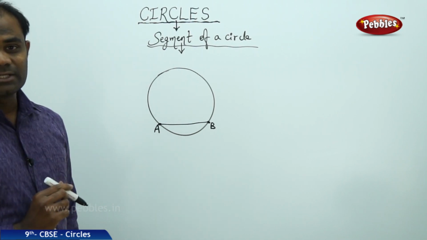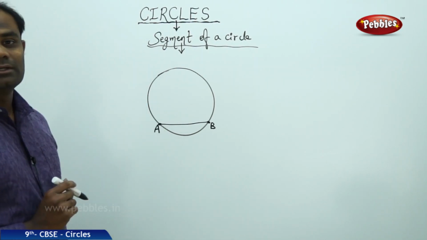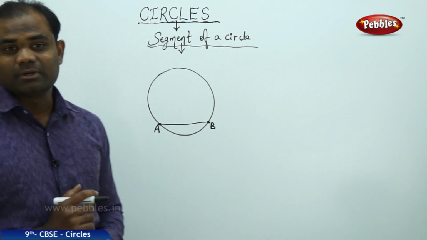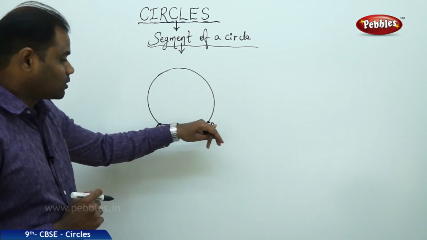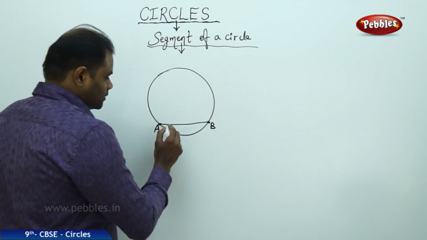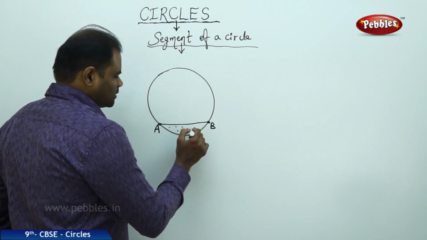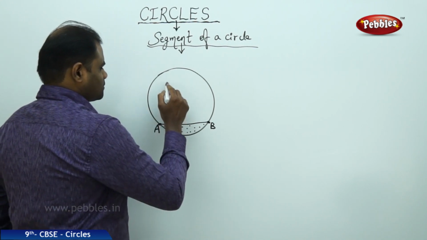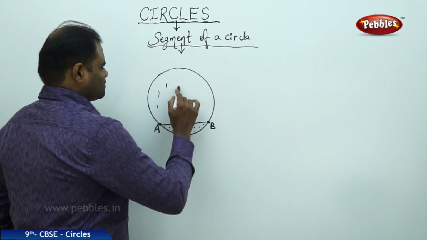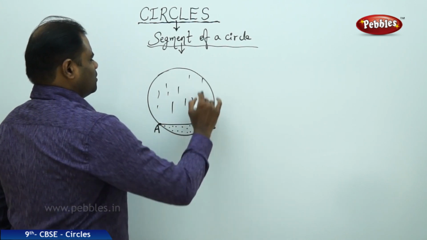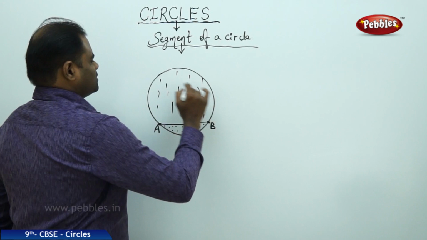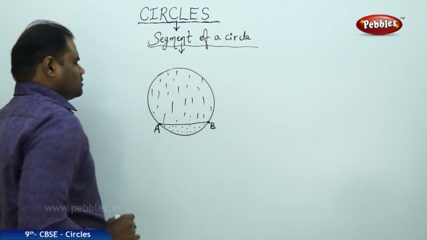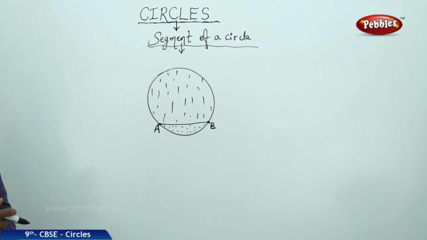Now clearly I see that when I make the chord in the circle, I always have 2 regions made by the chord within the circle. So there are 2 regions made by the chord AB.